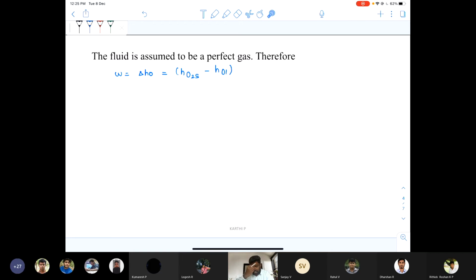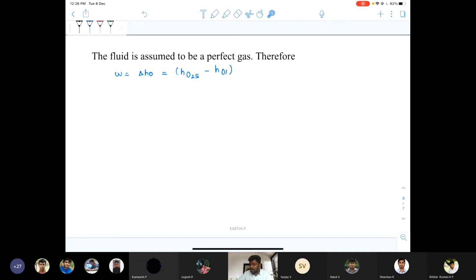That is, it is defined along the isentropic compression process between the stagnation state 0,1 and 0,2. This is stagnation state 1 and this is stagnation state 2. If you consider it as an isentropic process, you will be getting H02S minus H01. Therefore, W is equal to delta H0, which will be equal to H02S minus H01.